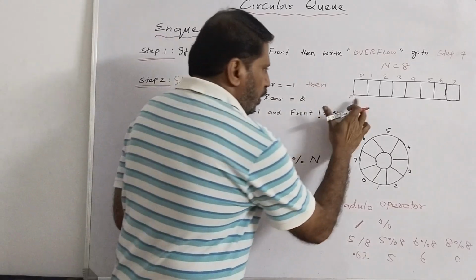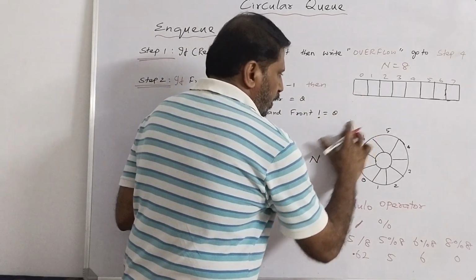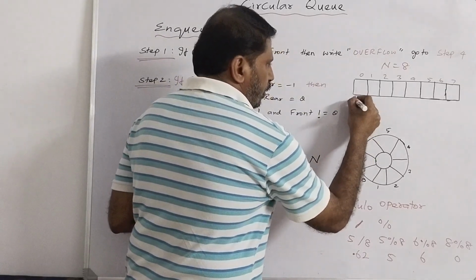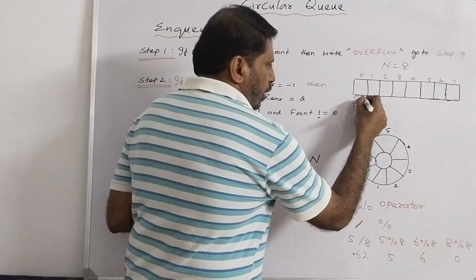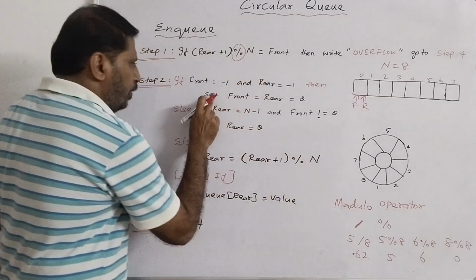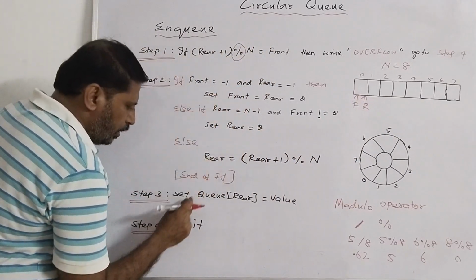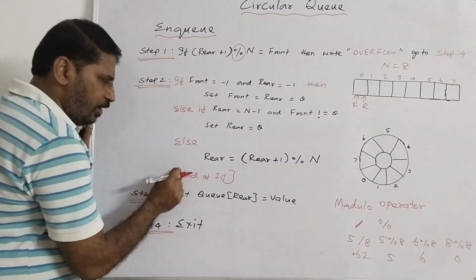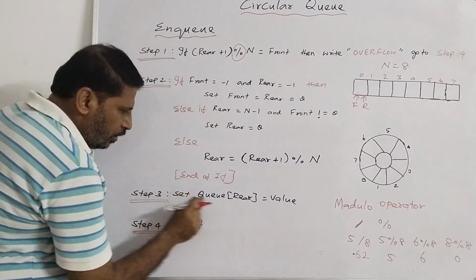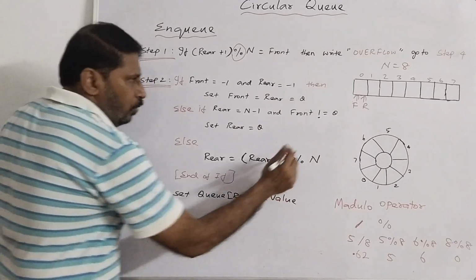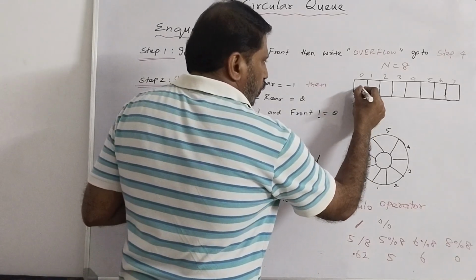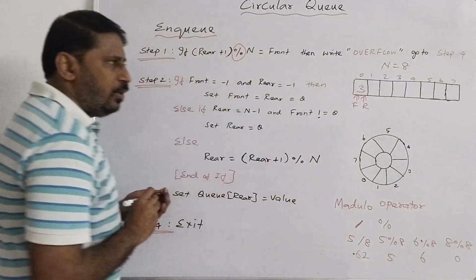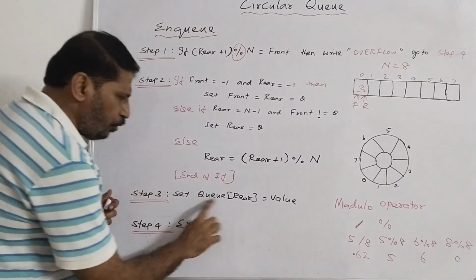It means that we are reassigning the front position to the 0th position, the rear position also to the 0th position, then the control automatically comes to step 3. In the if condition, it won't execute any else if, directly the control comes here: set Q of rear equal to value. Whatever value I want to store is stored here in Q of rear.